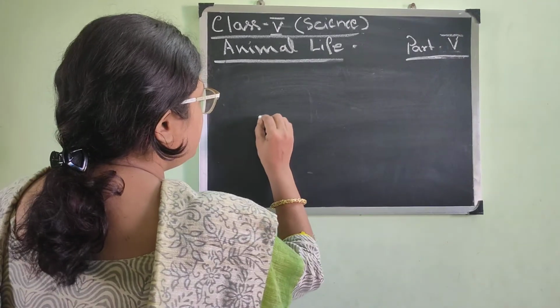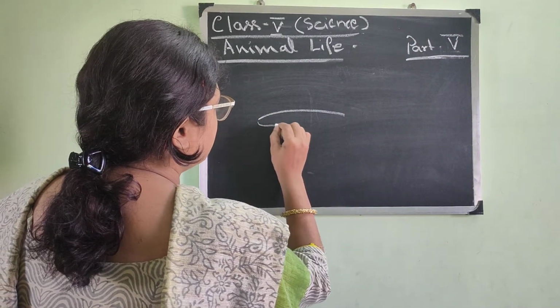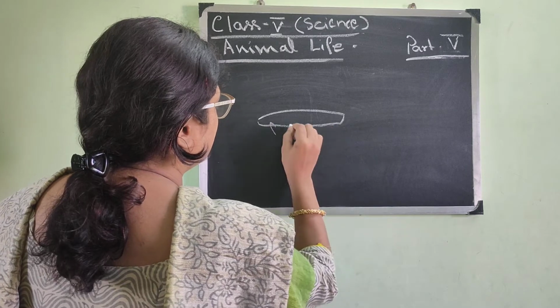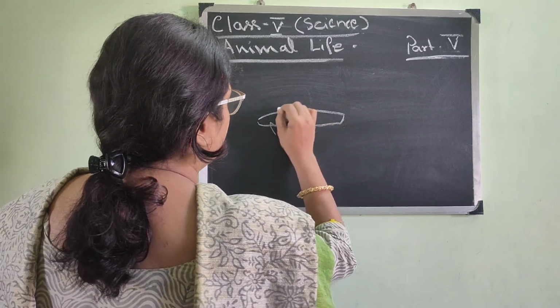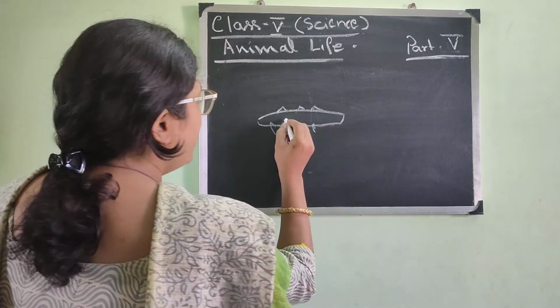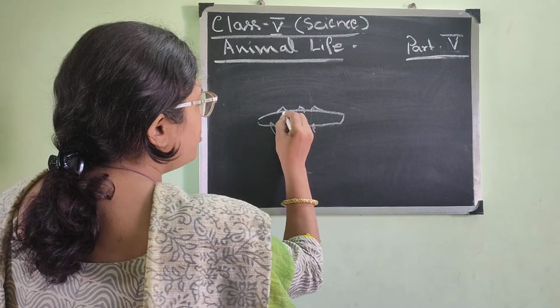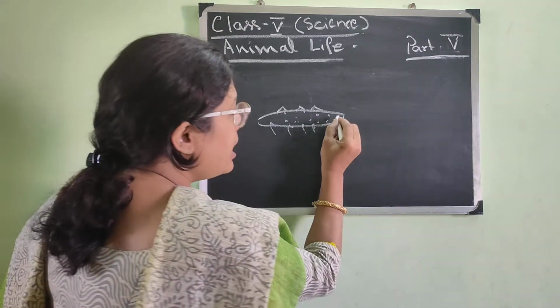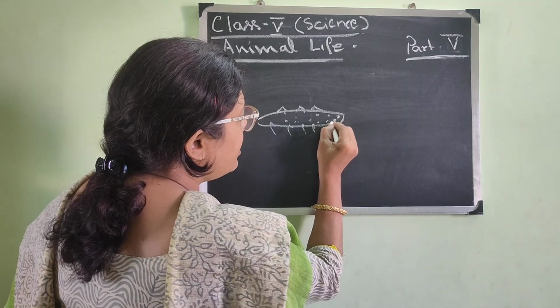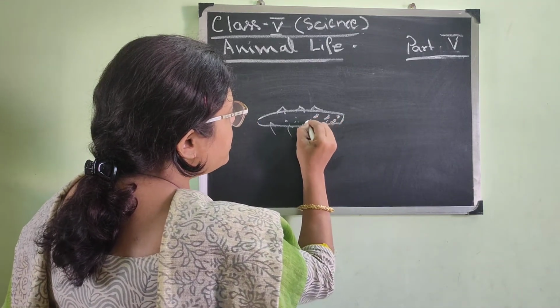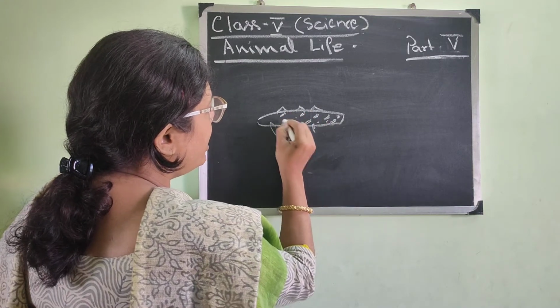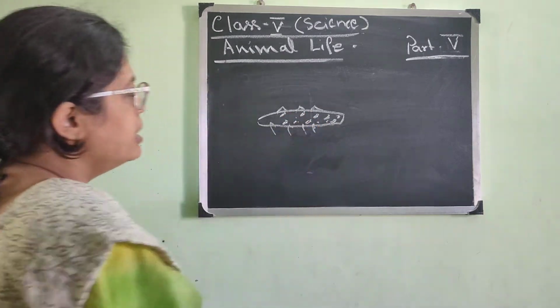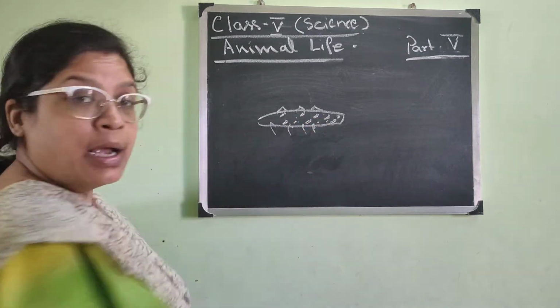Suppose this is an insect. On both sides of their body, there are plenty of holes, and inside those holes there are tubes which help the air to enter their body. These small holes are called spiracles.